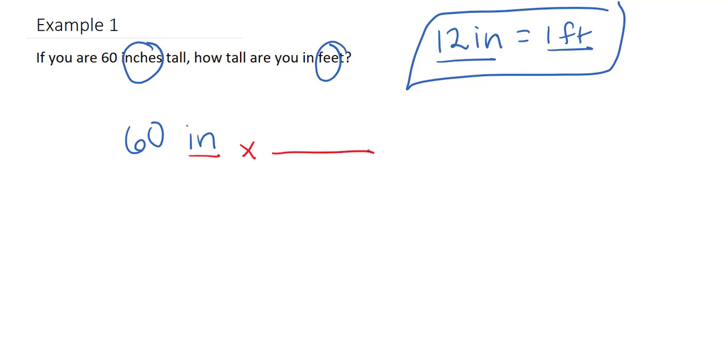We've done this before where things can cancel out before we even multiply like this. So we have to put the inches on the bottom, and that means that the 1 foot is on the top.